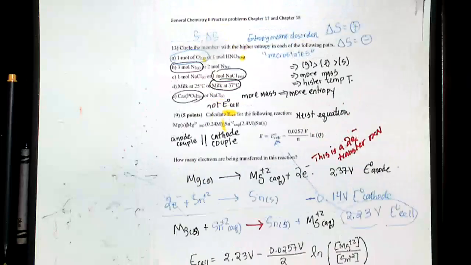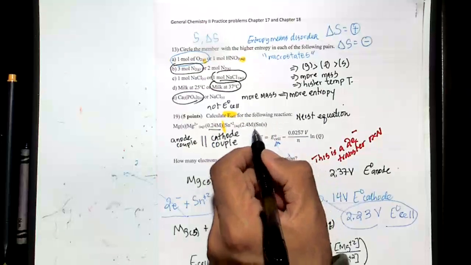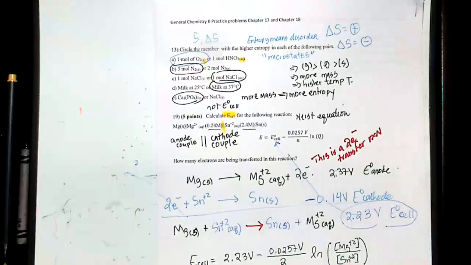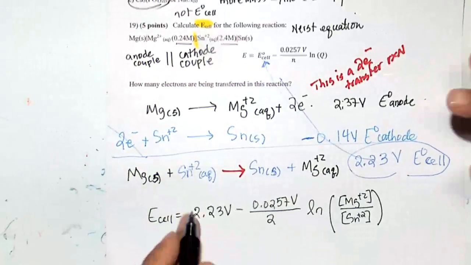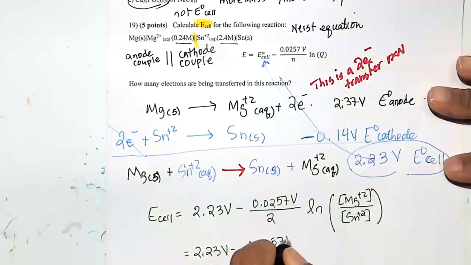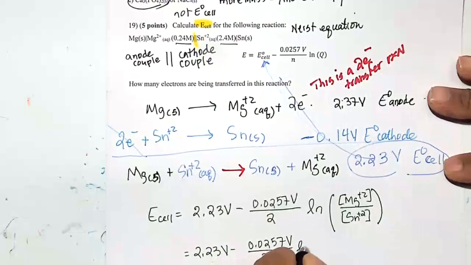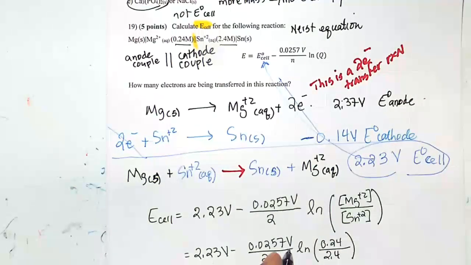So we know the magnesium concentration is 0.24, and the Sn plus 2 concentration is 2.4.